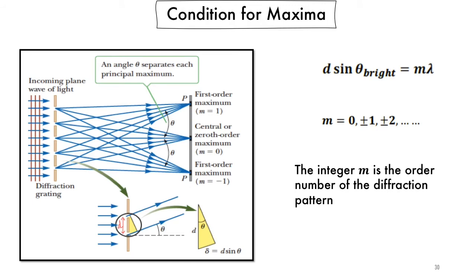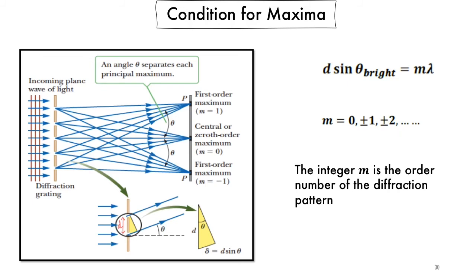The pattern which is formed on the screen is a combination of constructive and destructive interference. Therefore, we have labeled first order maxima, central maxima, first order maxima, and in between we will have the minima, or the destructive interference. The condition for maxima is d sin θ equal to mλ, where m can be 0 or ±1 or ±2.